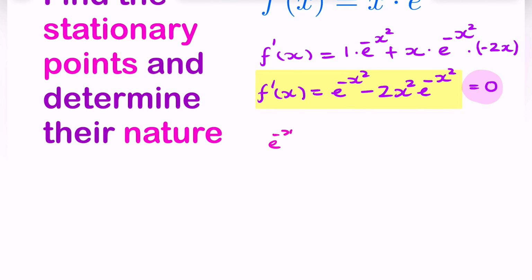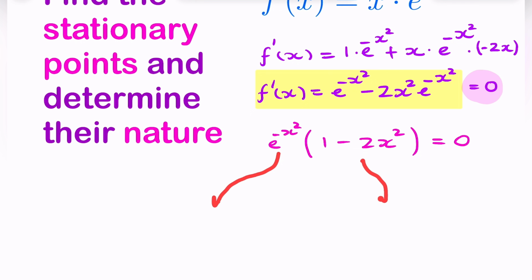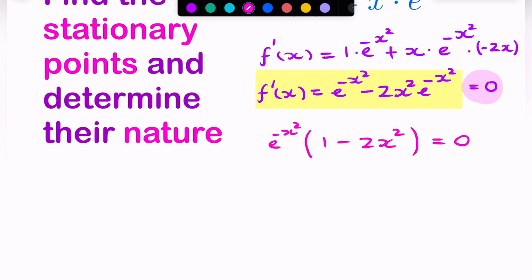So I'm going to take e to the minus x squared as a common factor, and that makes my expression much nicer once I've factorized it. And we like it when we factorize expressions and make them equal to 0, because it means that one of these, at least, has to be equal to 0 for the result to be 0.